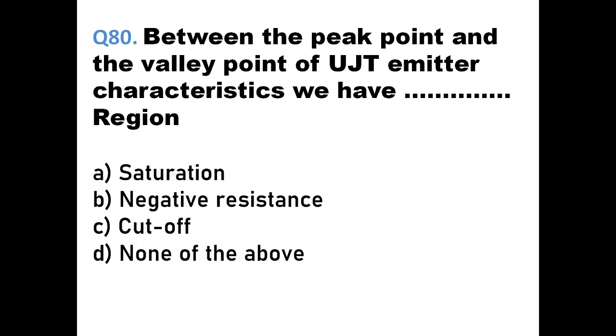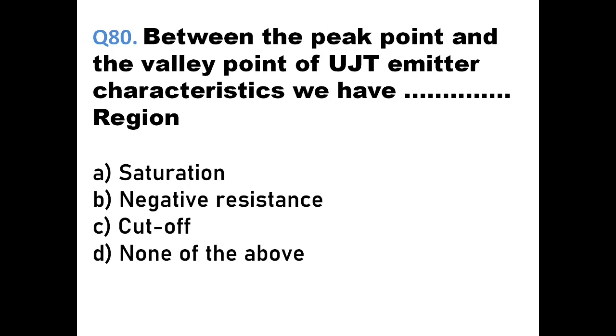Then we'll go to question number 80. Between the peak point and the valley point of UJT emitter characteristics, we have a dash region. If you remember the graph of the UJT, the x-axis is current and the y-axis is voltage. Initially the voltage will increase and reach the peak point. After that, the voltage will decrease, but the current will increase.